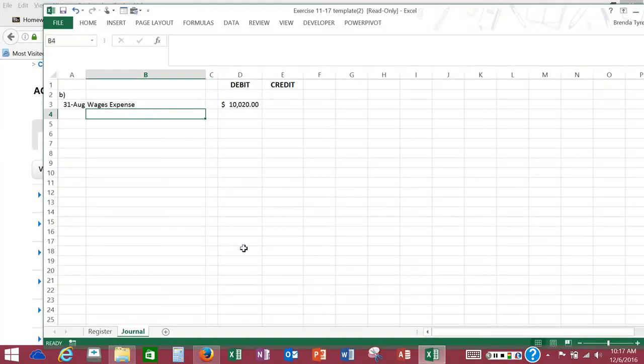Now we just bring in all of those withholdings that are the employees'. So we've got FICA, Social Security, FICA, Medicare, federal income tax payable, and state income tax payable.